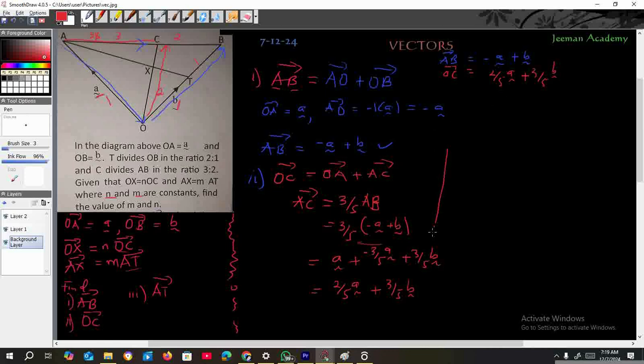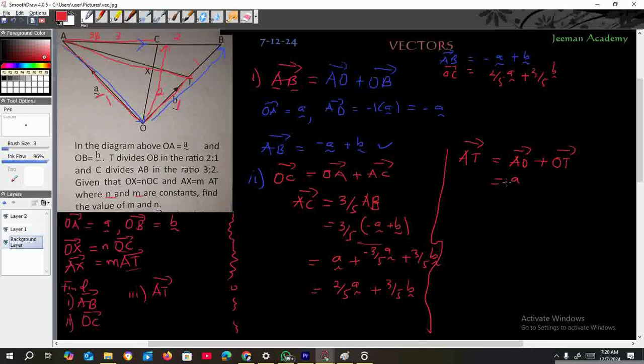Now we look for vector AT. AT, we are talking of this vector here from A to T. So vector AT will be the same as moving from A to O, then from O to T. And that will give us AO plus OT.